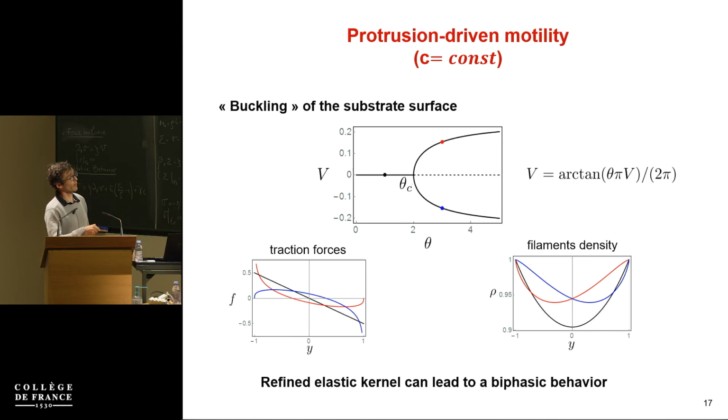And this is a sort of buckling instability of the surface of the substrate. And you can even refine the elastic kernel. Here I've considered only plane strain, but with a more realistic elastic kernel, you can also get biphasic behavior where the dependence of the velocity on theta becomes non-monotone.